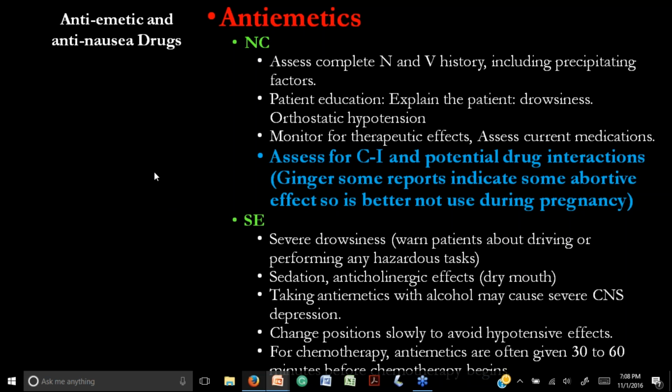Some cultures eat it and put it in their food, and you need to be careful because ginger can produce uterine contractions and abortions.